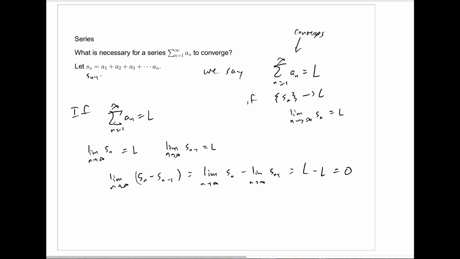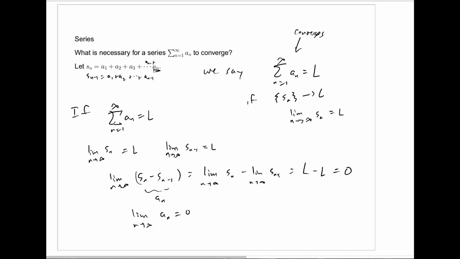S sub n minus 1 is just a1 plus a2 up to an minus 1, which is the previous term here. I should have written that in. So that S sub n minus S sub n minus 1 is the same as a sub n. They only differ by this last term. Before that, everything cancels except this a sub n. So that tells us the limit as n approaches infinity of a sub n must be 0.